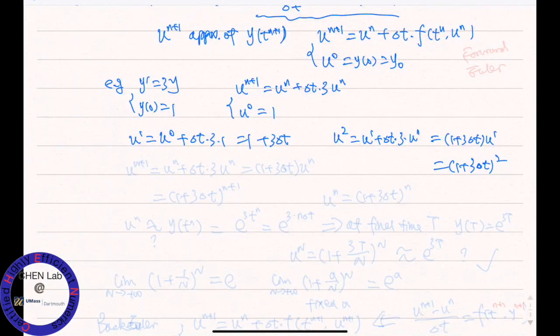So in general, un plus 1 is equal to un plus delta t times 3un, because f is 3u. So this is equal to 1 plus 3 delta t times un.